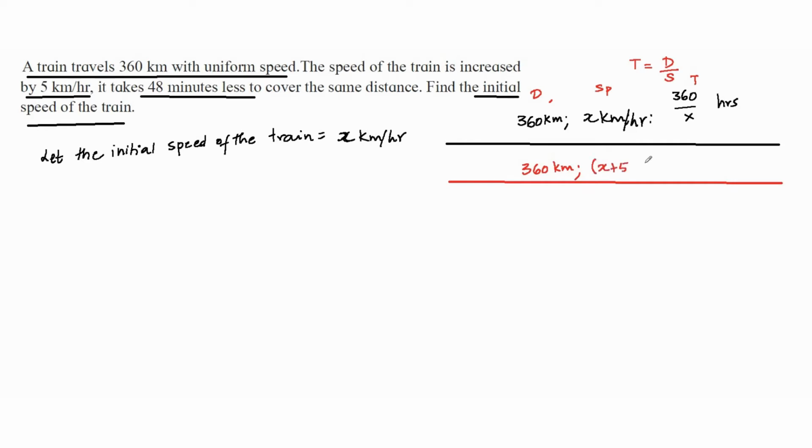That means the speed of the train now is x plus 5 kilometers per hour. Then in this case, what would be the time taken? The time taken is going to be distance divided by speed again, that is 360 upon x plus 5 hours. Right? So I have applied the same concept in both the expressions for time.